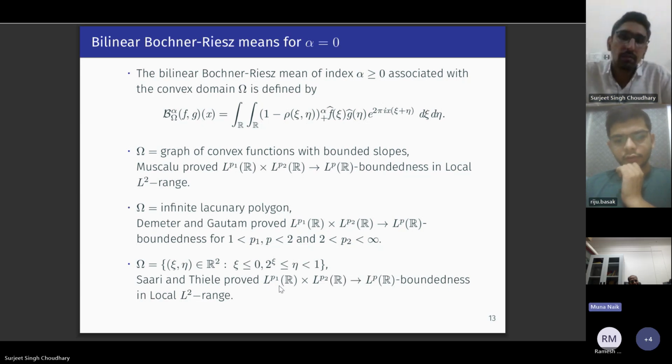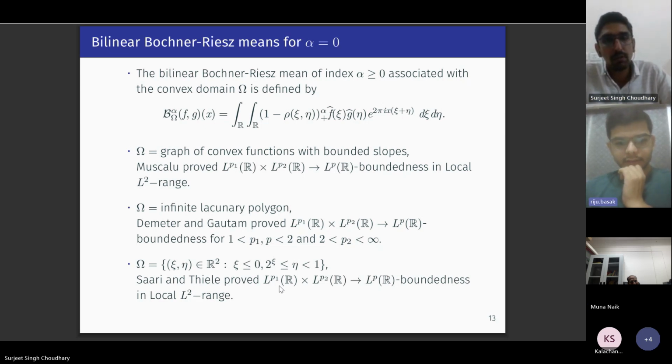Okay, so this is the bilinear case, and for linear there are some results also in this direction. Okay, non-convex domain. So whose result is this? This is Sari and Thiele, I think a recent result from 2019 or 2020.